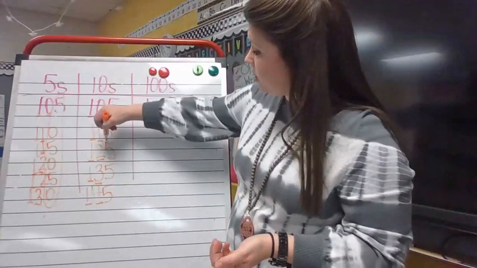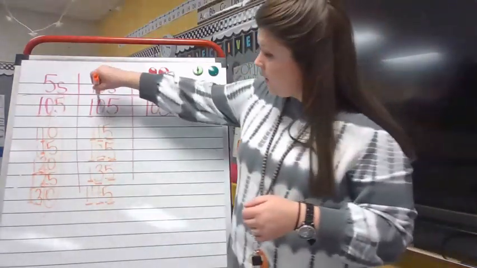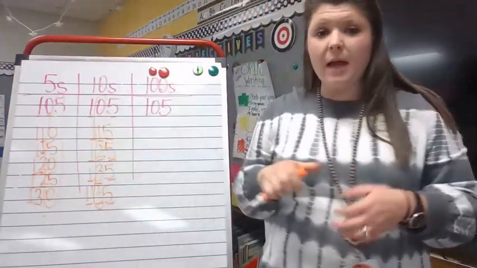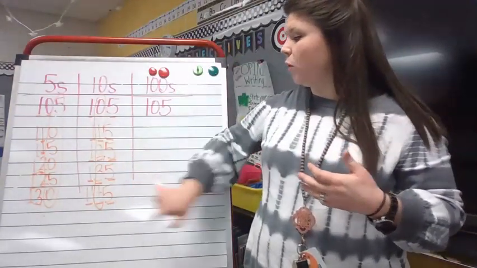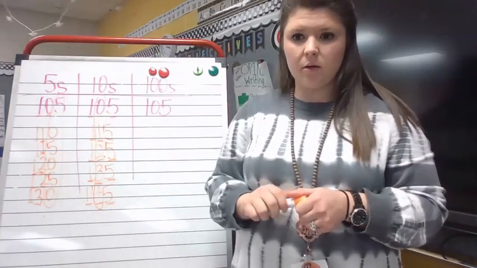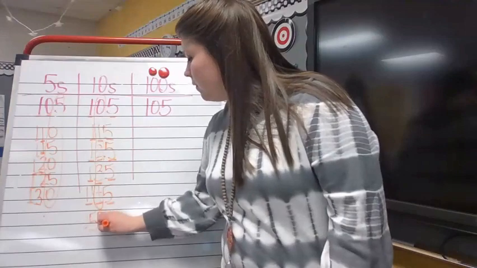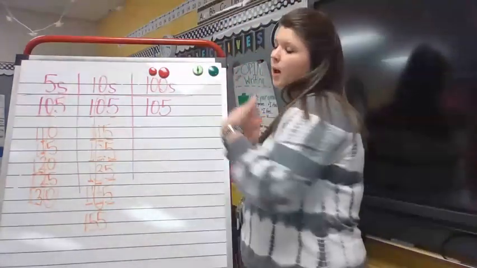Did our ones place change? No. So when we're counting by tens, we're focused on that tens place, right? And it goes in order, doesn't it? 0, 1, 2, 3, 4. What would the next number after 145 be? 155. Okay?